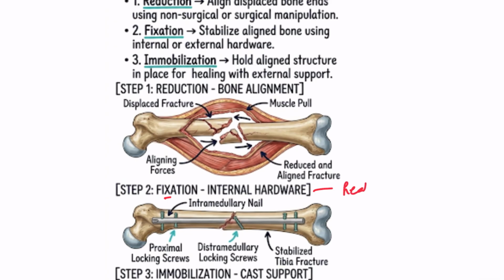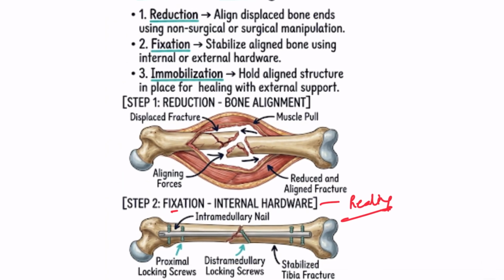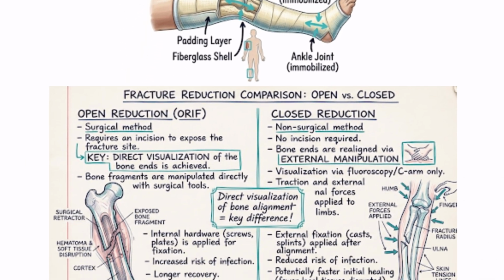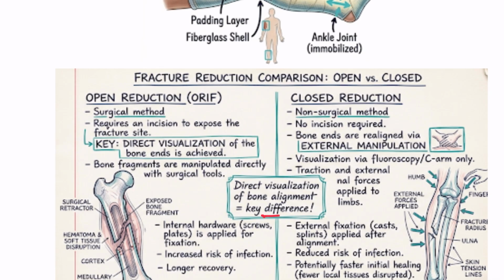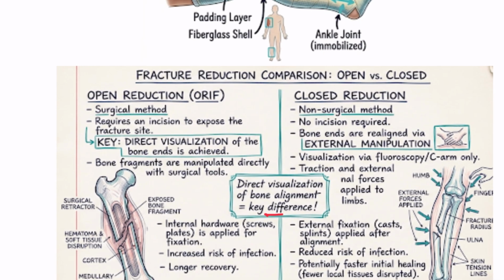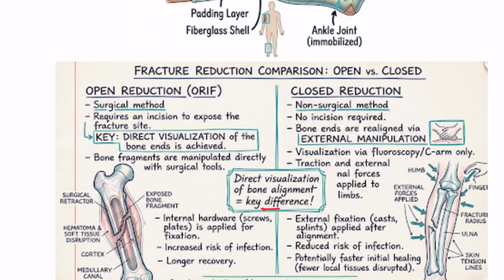Let's start with reduction. Reduction simply means bringing the broken bone fragments back into their normal anatomical alignment, because when a fracture occurs, the pieces of bone are no longer where they should be. They may be angled, rotated, or shifted. So the first step is to realign them.